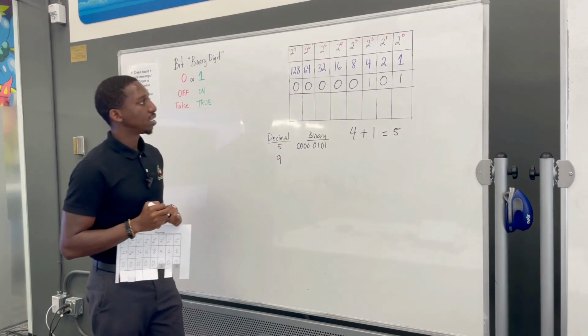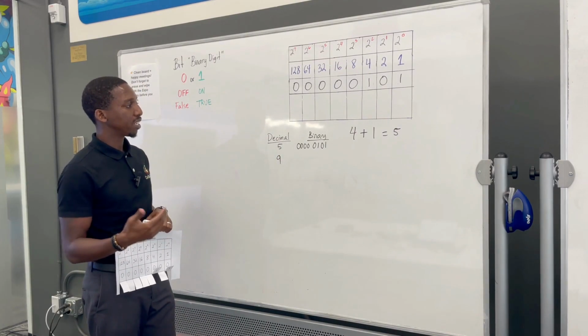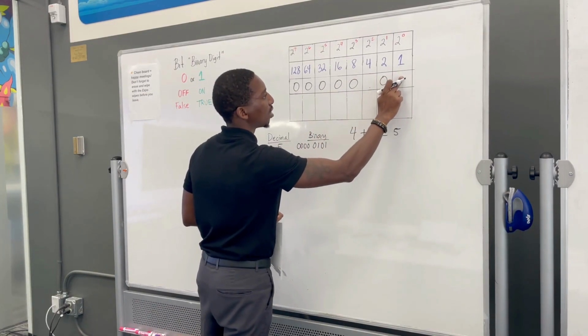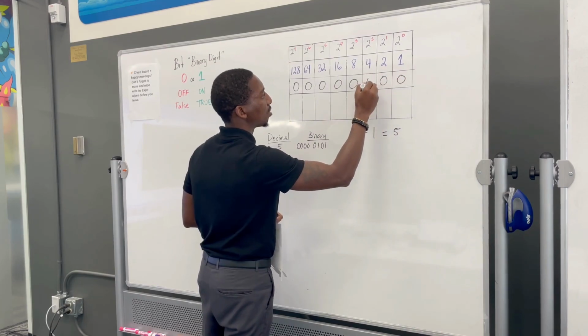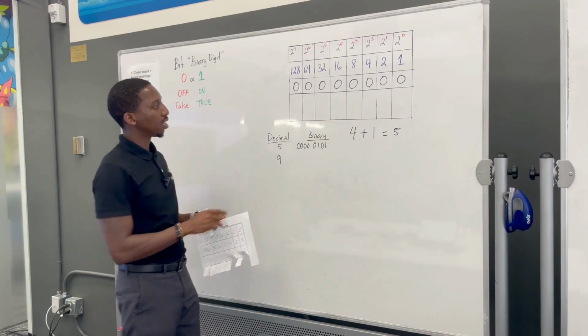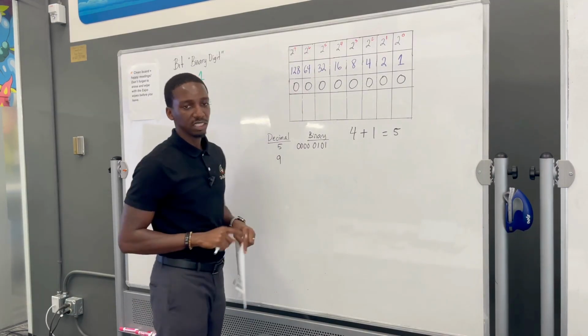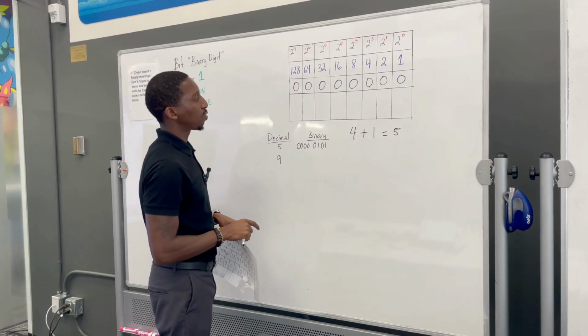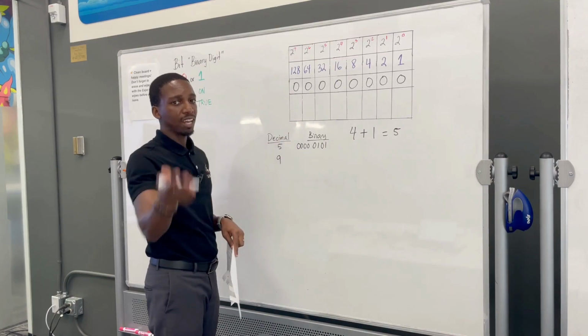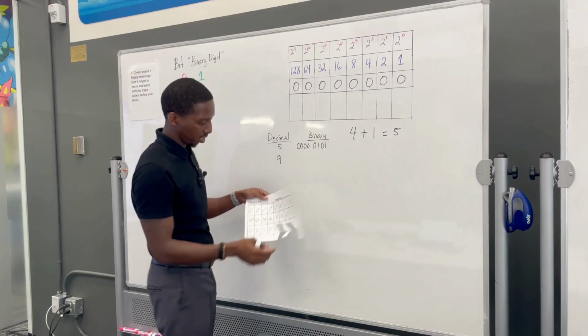Okay? 9, similar to how we did 5, let's set this to 0. So we're going to look at 9, where we know 9 is less than 16. So 16 is bigger than 9. We don't want to use 16, so we'll be out of bounds. So we know we have to go to 8.